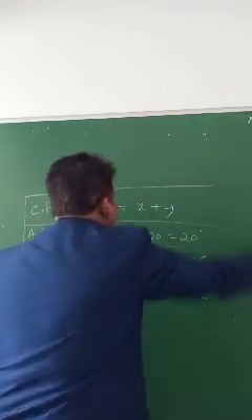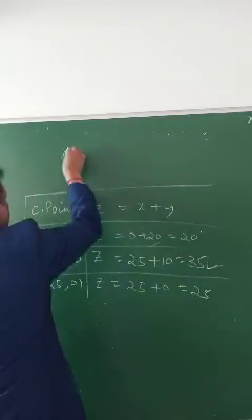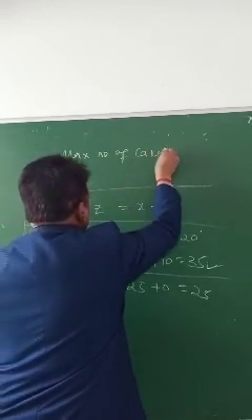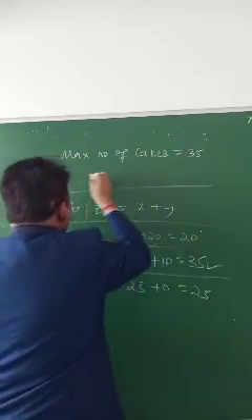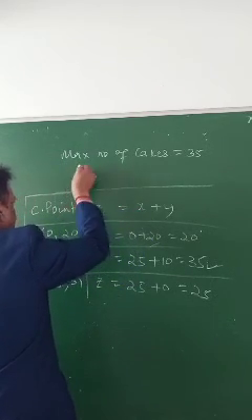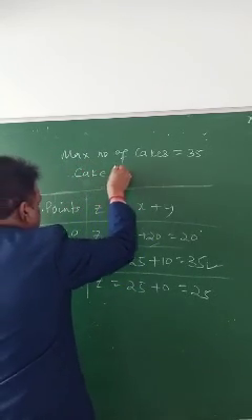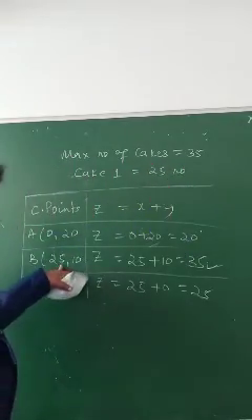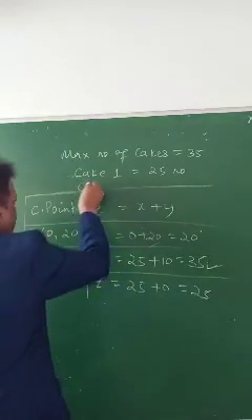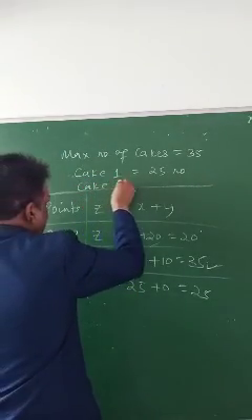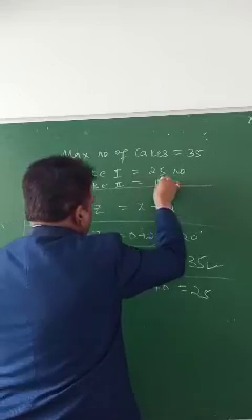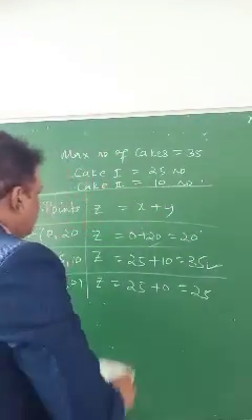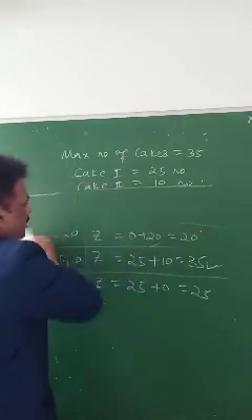So the maximum number of cakes is 35: cake 1 is 25, because first x is 25, and cake 2 is 10. So all problems will be like this. The only thing is that we should know how to frame the equation.